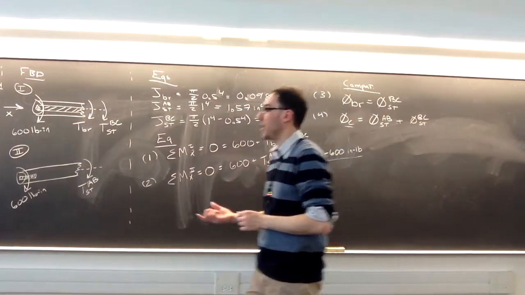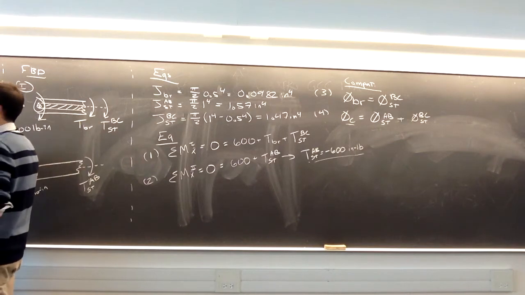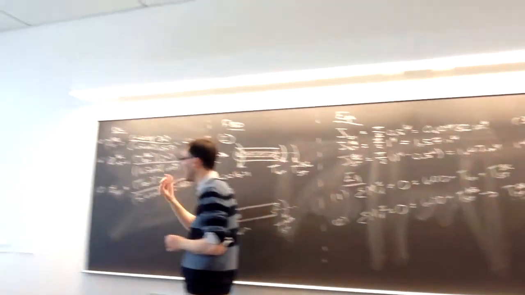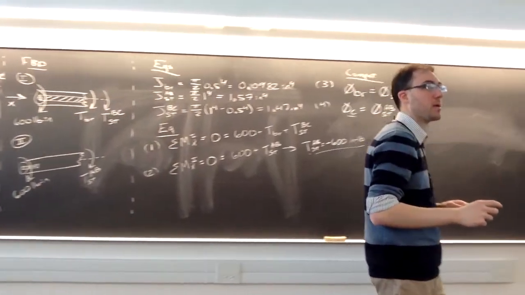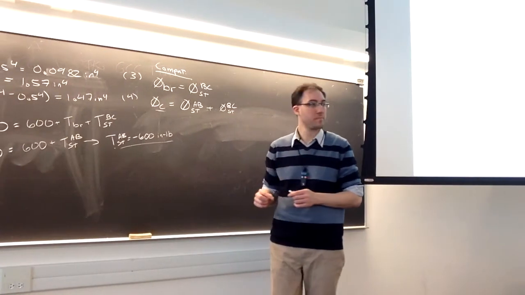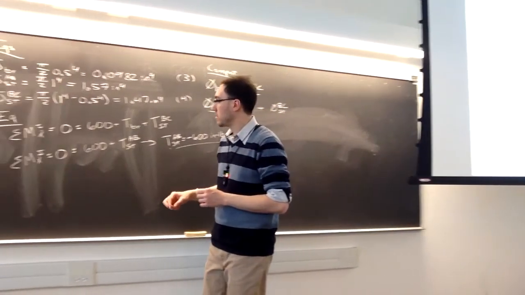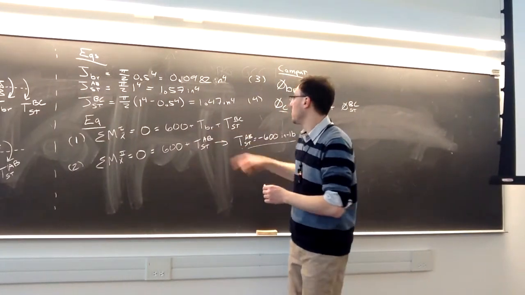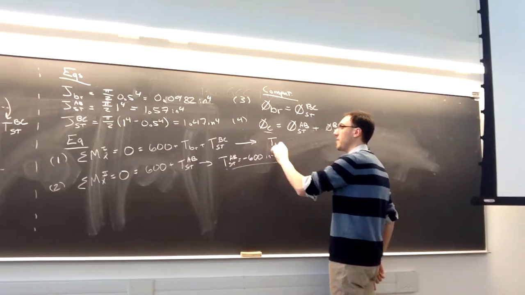Right, so how can we solve for the angles of twist we're going to need, because we're going to have to add it to the angle of twist of the steel. So what steps do we need to take to solve this? When you set those equations equal, find either one or the other in terms of the other one and substitute it back into equation one for that one. Right, so what we can do is find one in terms of the other.